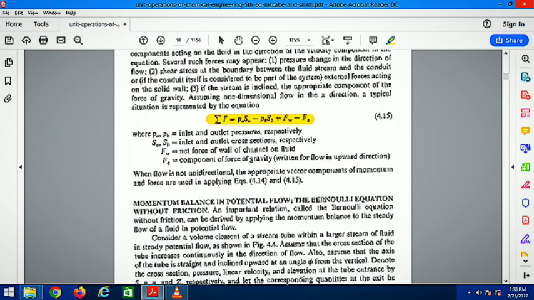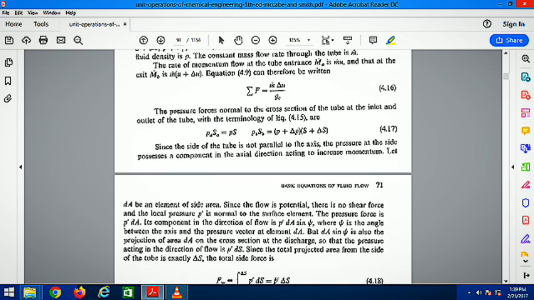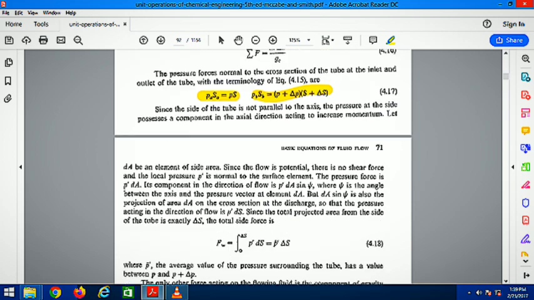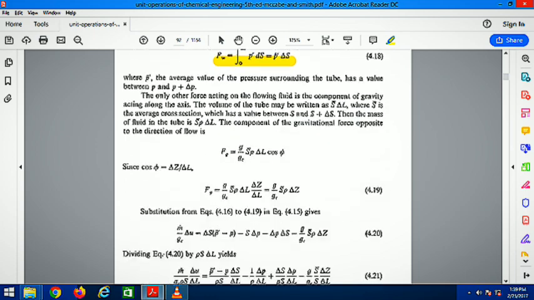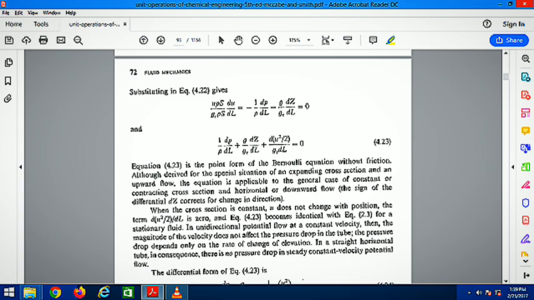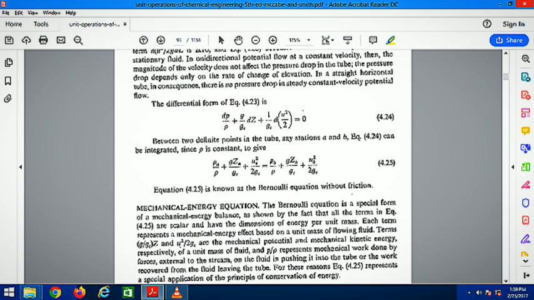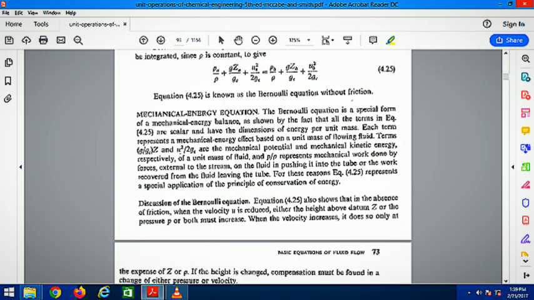So the force balance is nothing but the pressure difference into area, the wall effect and the gravitational effect. Here we have the pressures into cross-sectional area. Next we have the force of the wall, and lastly the gravitational force. So we come up to the final Bernoulli's equation.